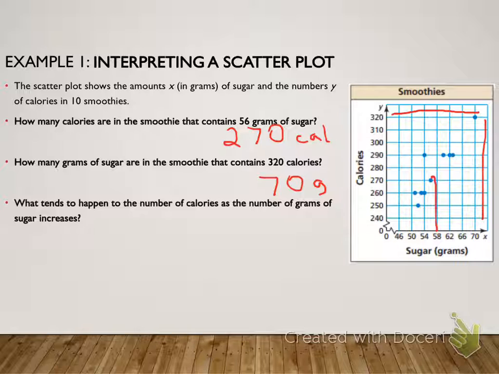Well, if you're looking at this, as the sugar increases, the calories increase. So what you're looking at here is that it tends to increase.